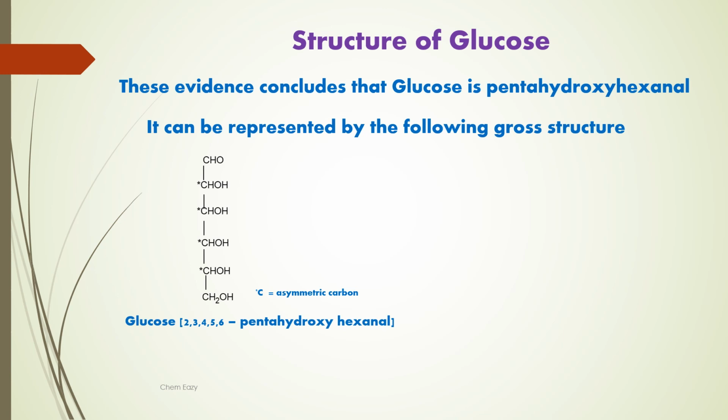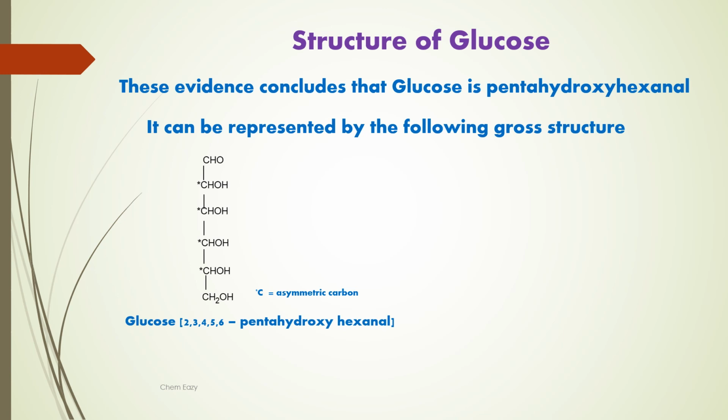It can be represented by this structure. You can see the aldehyde group at one end and the primary alcohol group at the other end, with the remaining 4 carbons in the middle. For carbons 2, 3, 4 and 5, an asterisk is given.